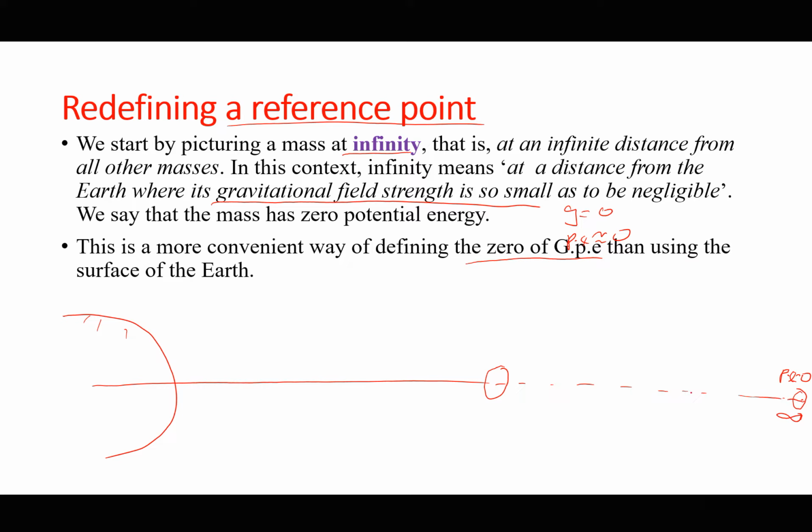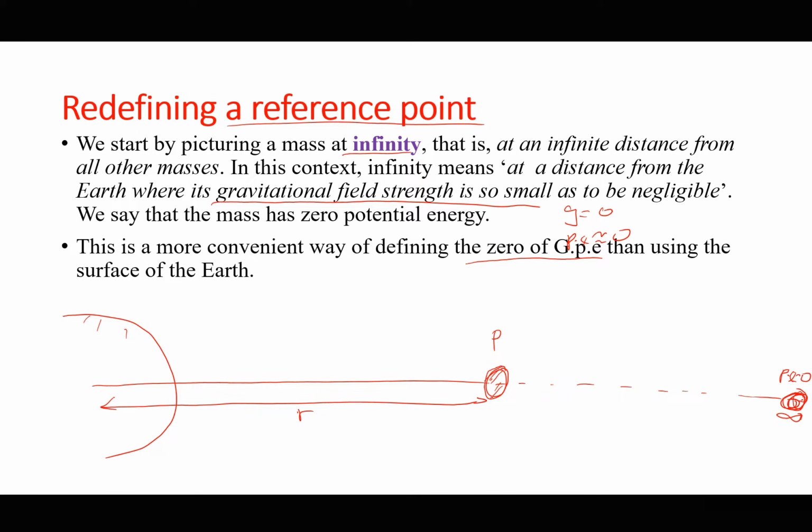I have now moved an object from infinity to a point where the gravitational field strength is not zero, when it is at a distance r from the surface of the Earth. This is now where our test mass, which was at infinity, experiences a force. What work has been done to move an object from infinity to this point?